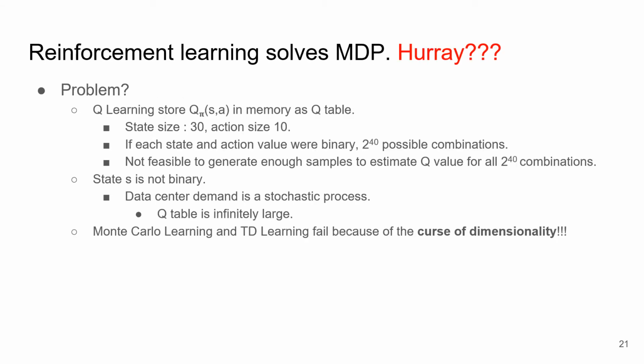However, such tabular reinforcement learning algorithms are not feasible for a problem like ours, where the state can take infinitely many values. The size of the Q-table gets infinitely large, and good approximation cannot be made for the Q values. This issue is also referred to as the curse of dimensionality in the machine learning domain.